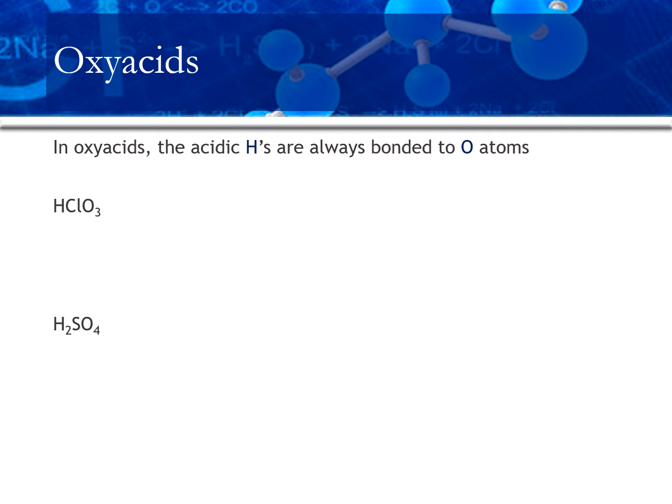So for this first structure, we might have H bonded to an oxygen, bonded to a chlorine. This will be double bonded to an oxygen with 2 pairs of non-bonding electrons, single bonded to an oxygen with 3 pairs of non-bonding electrons. And then finally, I need 1 more pair on the chlorine.